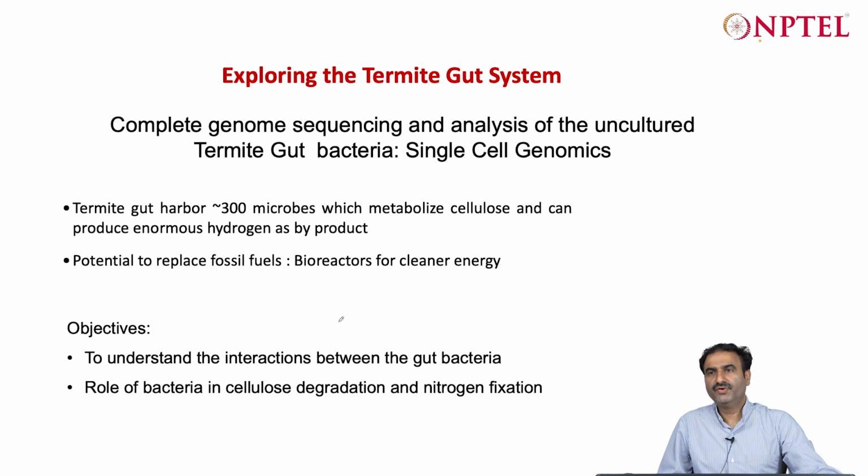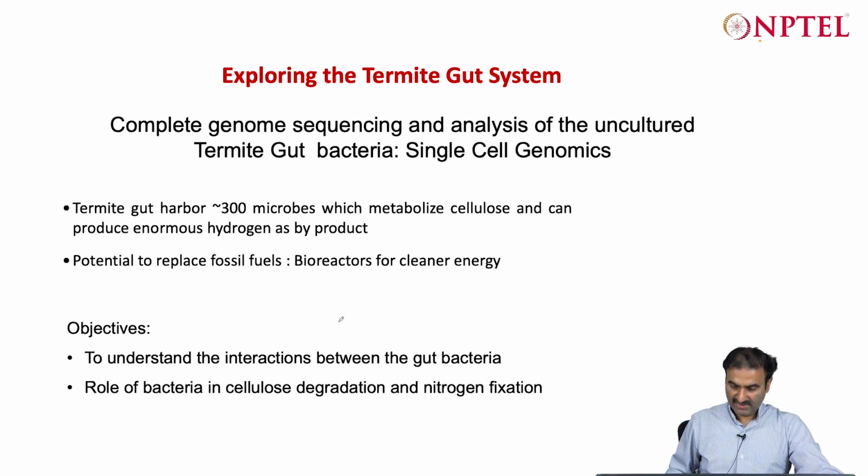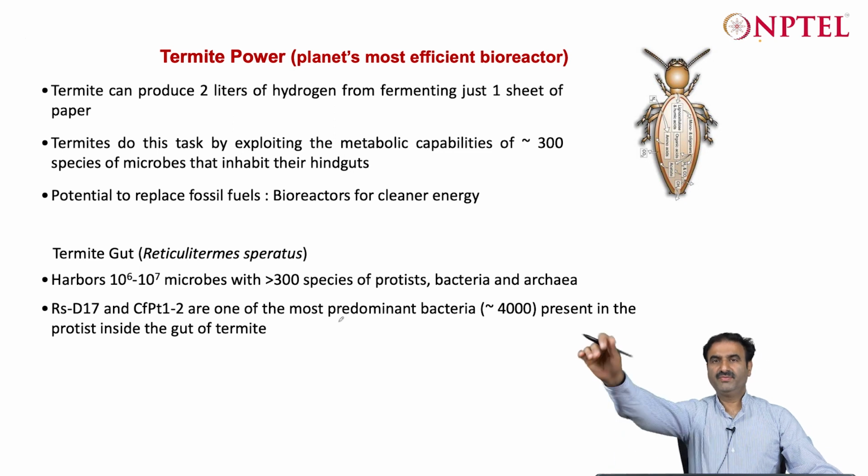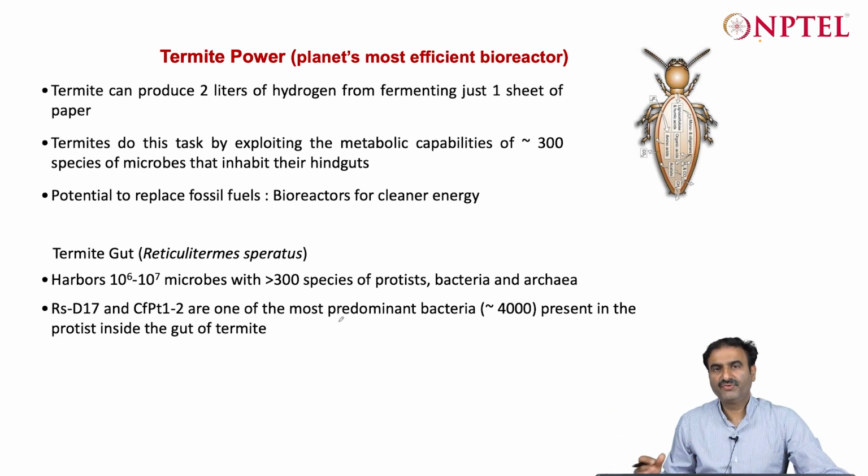Studying those bacteria inside the termite gut can tell you about new enzymes, new cellulases, which can degrade cellulose better or have various translational applications. A termite can provide almost 2 liters of hydrogen from a single A4 sheet of paper, and that fermentation is done by the species inside the termite.